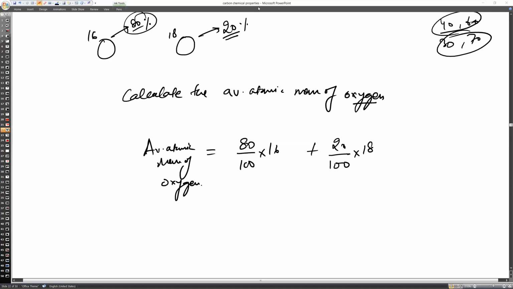It will be between 16 and 18. Sir, it's 16.